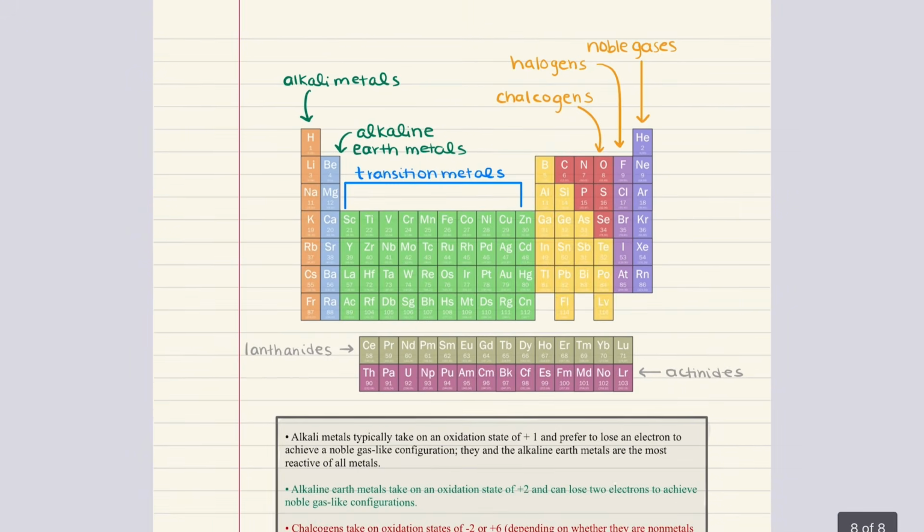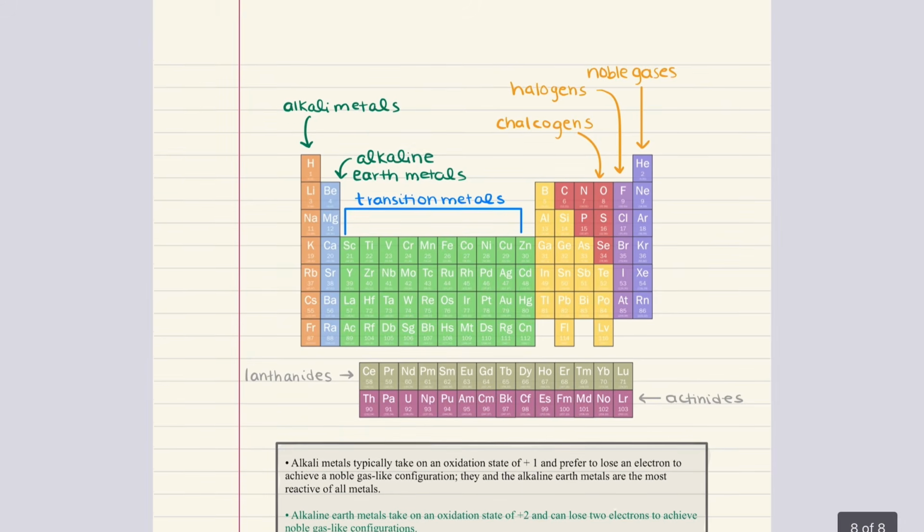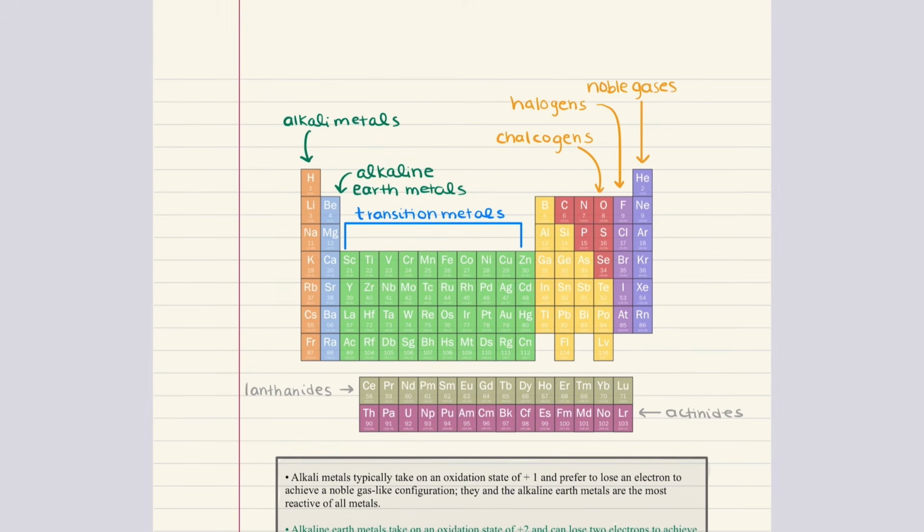We're going to first start with alkali metals, which are the group 1 elements, excluding hydrogen. Now, alkali metals, they possess most of the classical physical properties of metals, except their densities are lower than those of other metals. The alkali metals also have one loosely bound electron in their outermost shell, and they'll typically take on an oxidation state of +1 because they prefer to lose an electron to achieve a noble gas-like configuration.